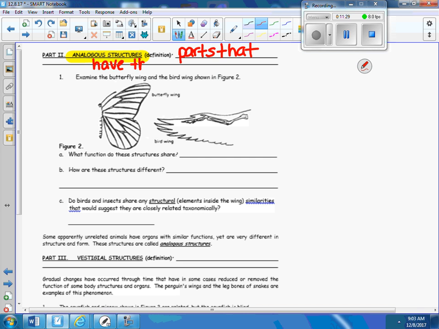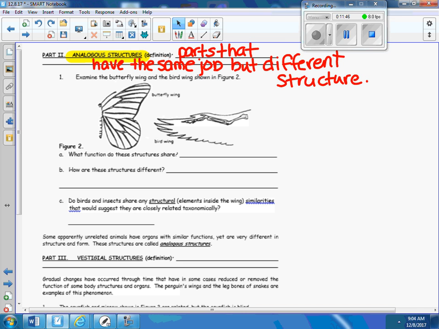The same job, but different structure. That means they look different. They look differently. Adverb.